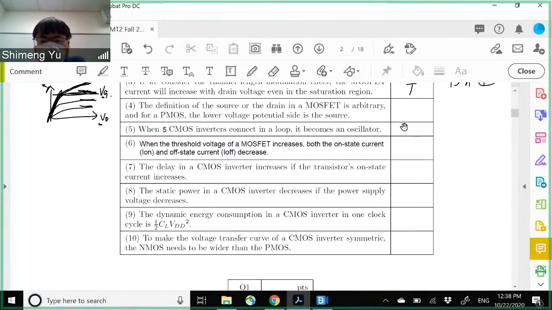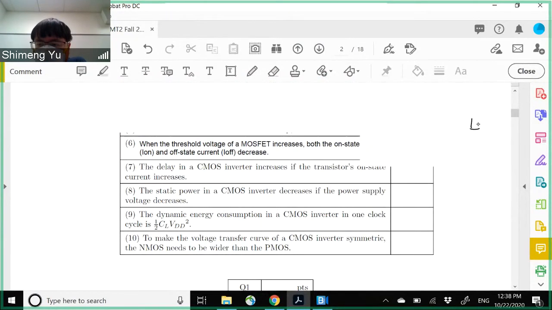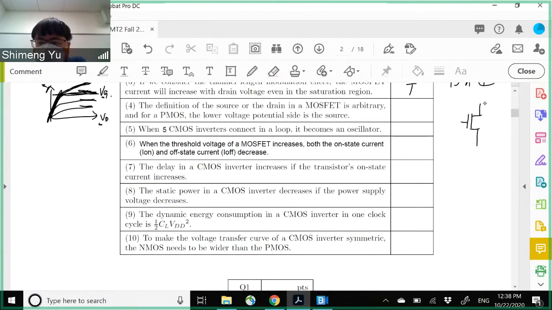So PMOS, this is the gate. This is the source, this is the drain. For example, this is your VDD.